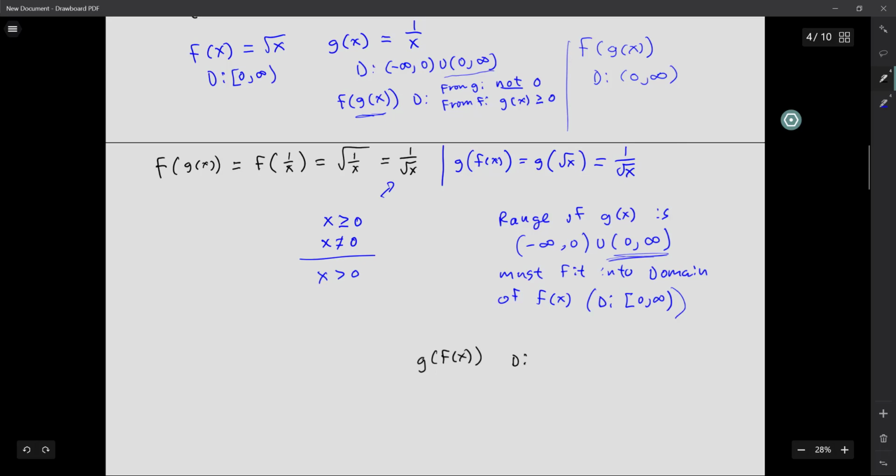my domain, from f, the inside, we should always start with the inside, we need to have not negative.